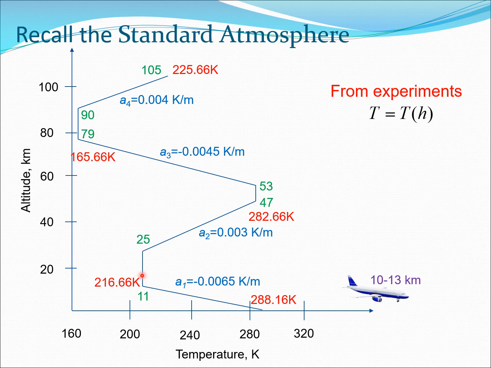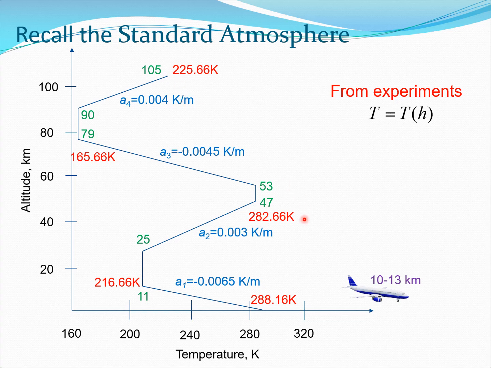These are known as the isotherms, where temperature is constant. When you start at sea level, your temperature is 288.16 Kelvin, then it decreases to 216.66 Kelvin, then it stays constant, then it once again changes to 282.66 Kelvin, and so on.